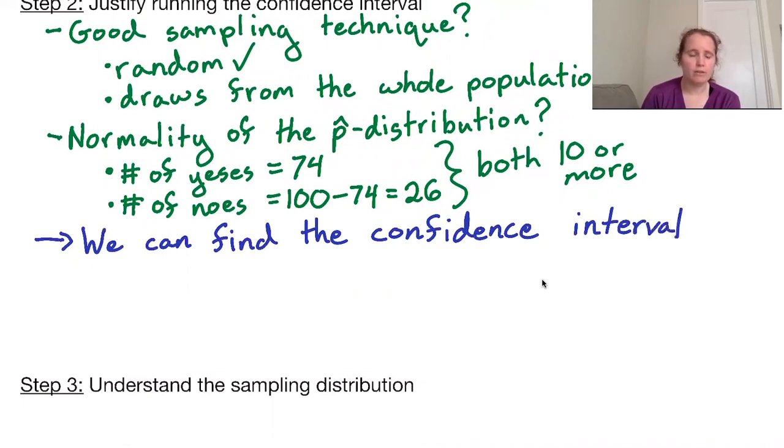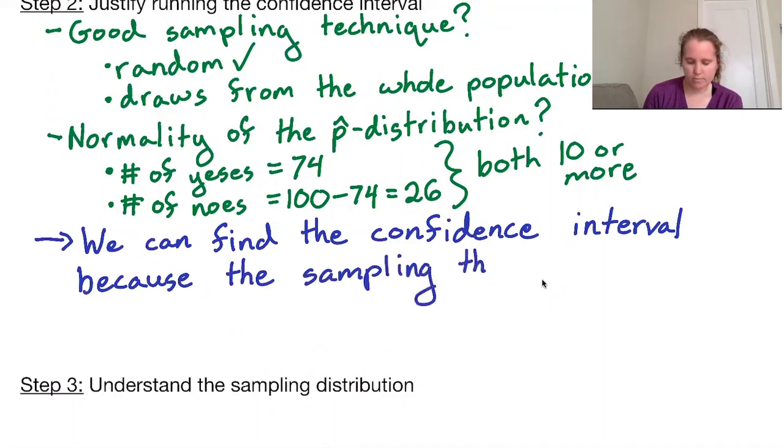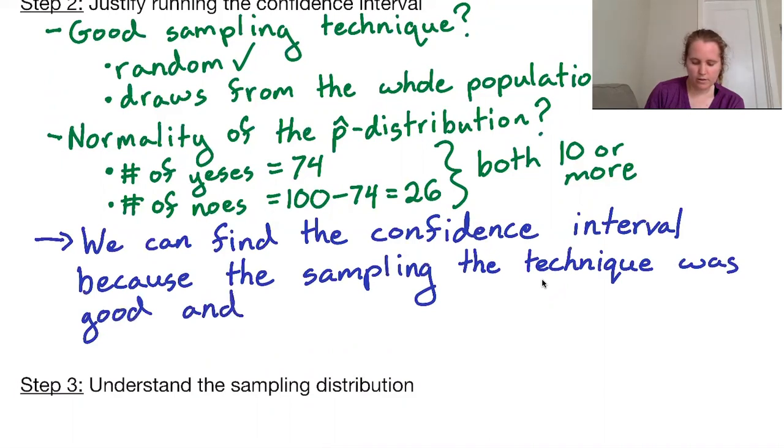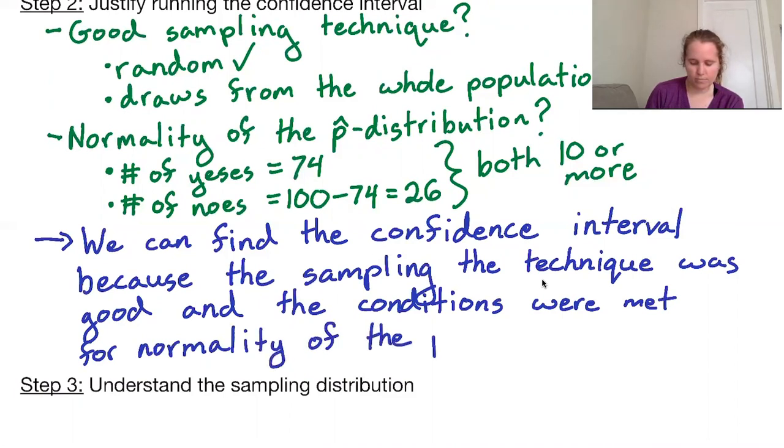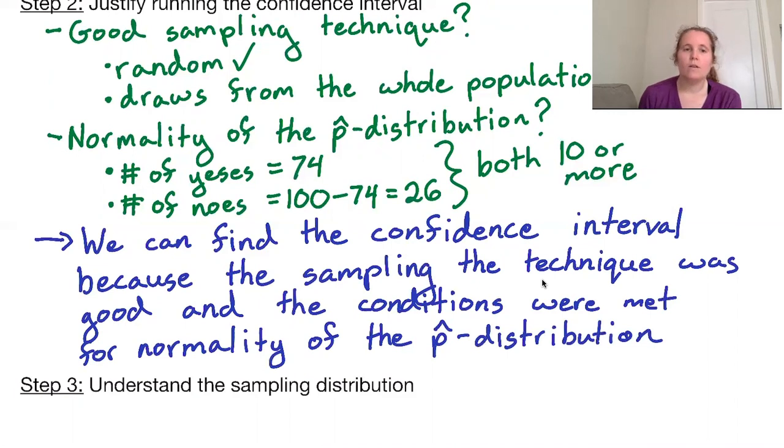It's fair to find the confidence interval because the sampling technique was good and the conditions were met for normality of the p-hat distribution. So we're allowed to find the confidence interval in this case.